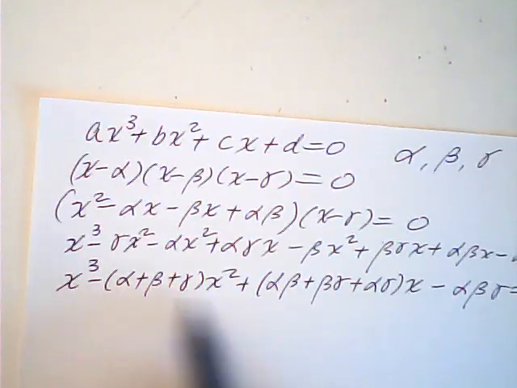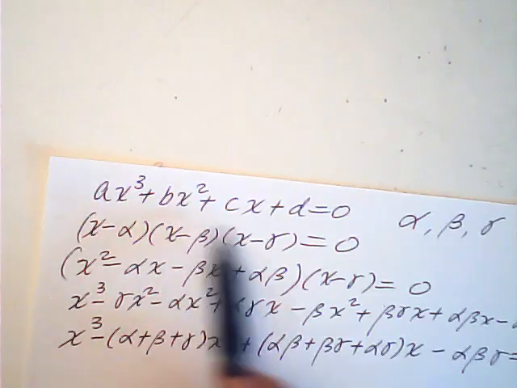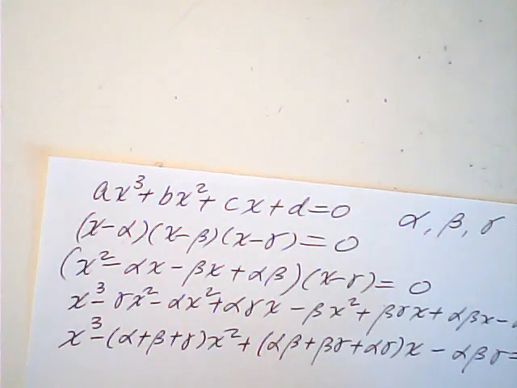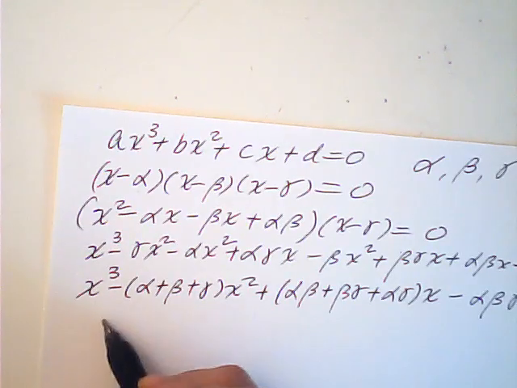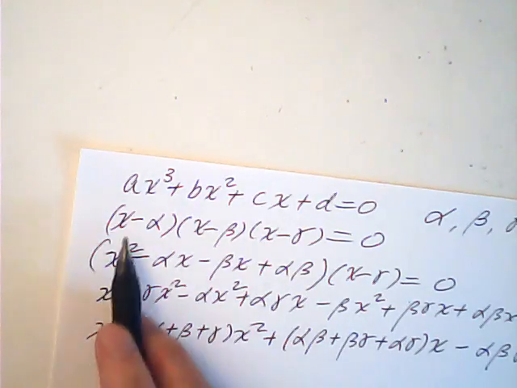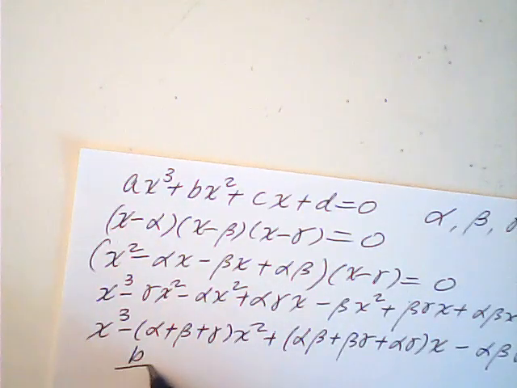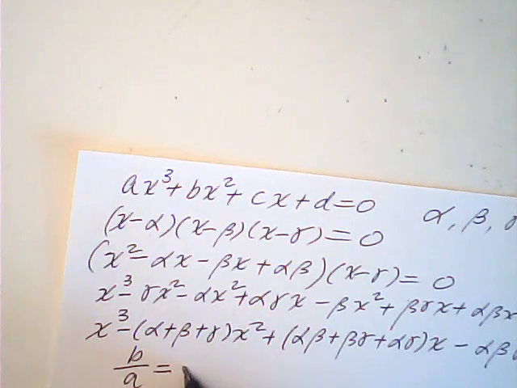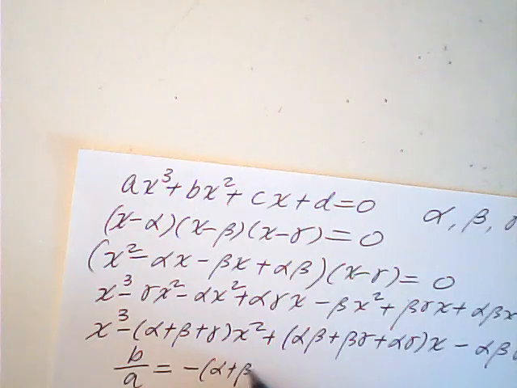Now we compare this with the given equation, and we will see that b over a will be equal to this number, negative alpha plus beta plus gamma.